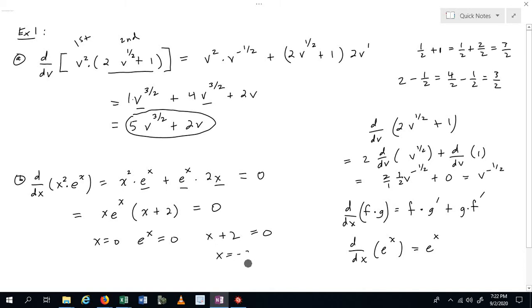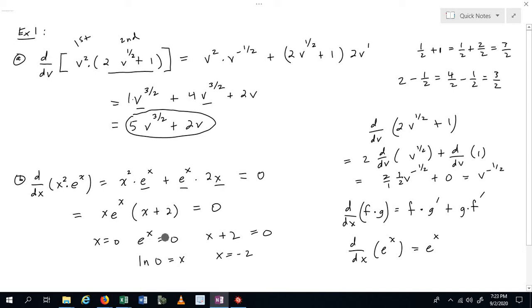For instance, this would be x is equal to -2. By the way, this would be undefined. The way you would solve this is you would turn it into a logarithm. So this would be the same as the natural log of 0 is equal to x. This is called an exponential equation.